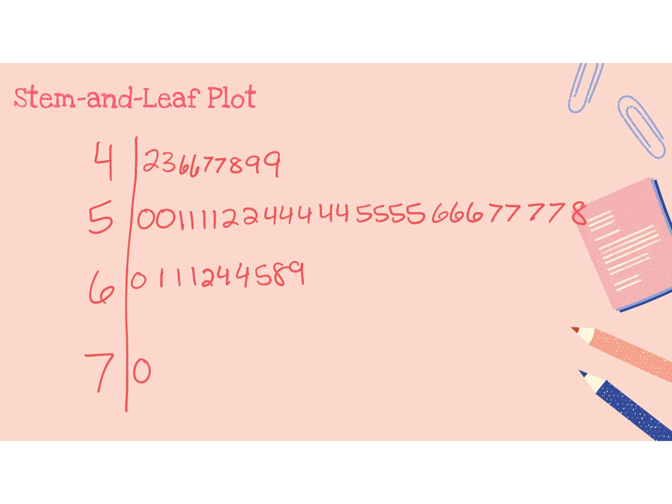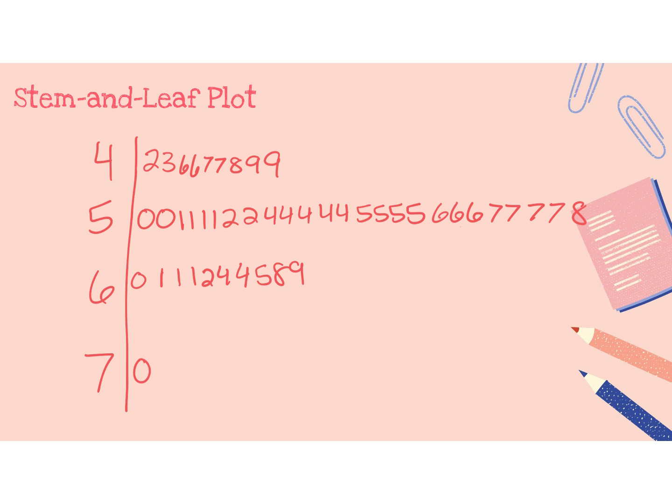So if you wanted to, you could have broke this into that split stem that we talked about last class, where 0 through 4 is on that top stem and 5 through 9 is in the bottom stem. But either way it works, you're just going to have a long leaf for the 50s.